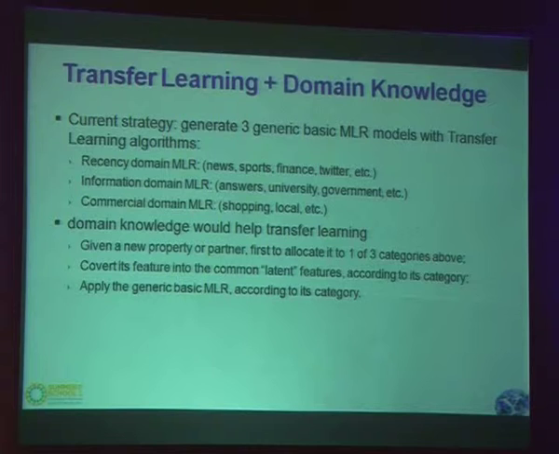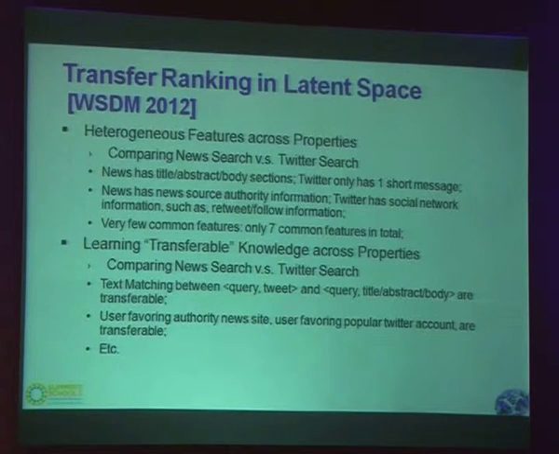So the basic idea for this transfer learning: although the feature sets are heterogeneous, we find there are some signals that are transferable. Then we can map different features into some latent space. For example, we map the text matching between query and tweets and query and title across different properties.